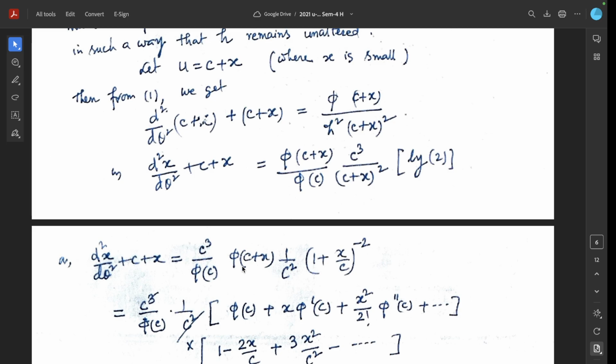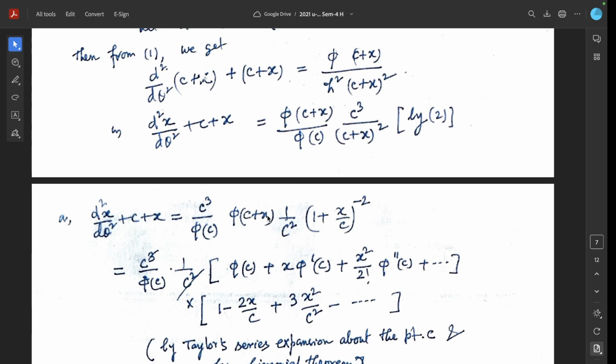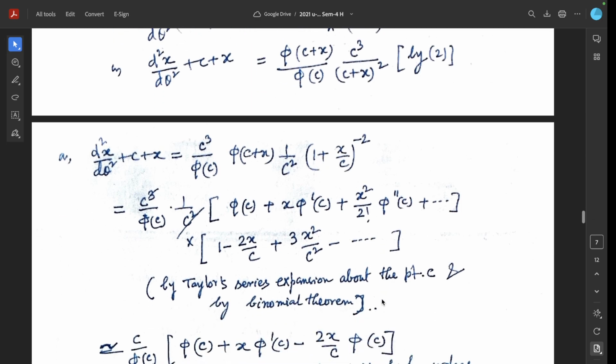So we get c³ by phi(c) times phi(c+x), and taking c² common, 1 by (c+x)² equals 1 by c² times (1 plus x by c) to the power minus 2. Expanding phi(c+x) by Taylor's expansion about the point c, and (1 plus x by c)^-2 by the binomial theorem, we get these terms.